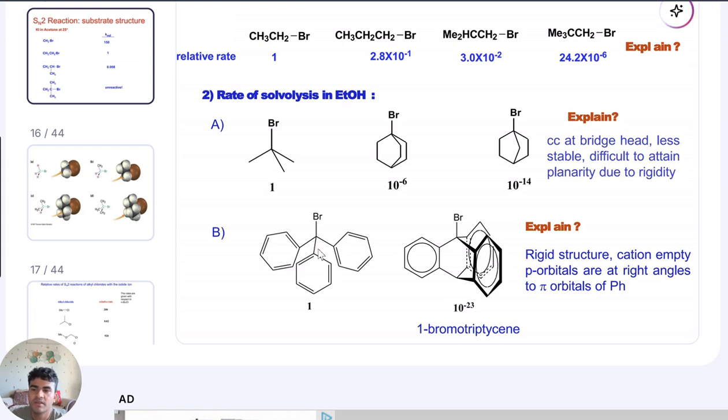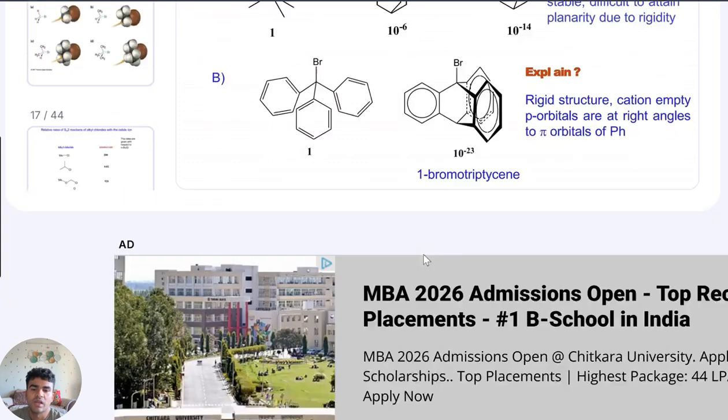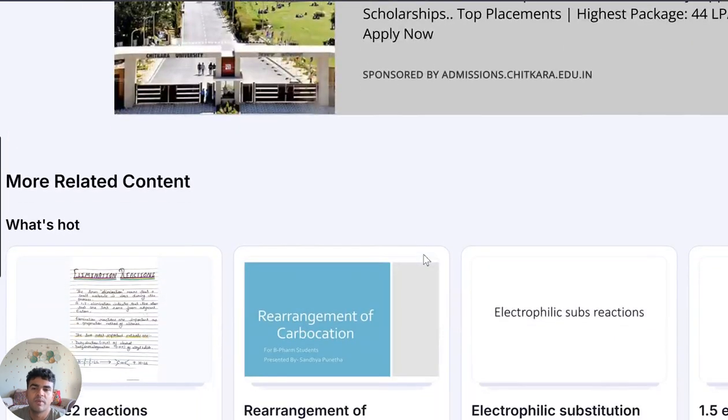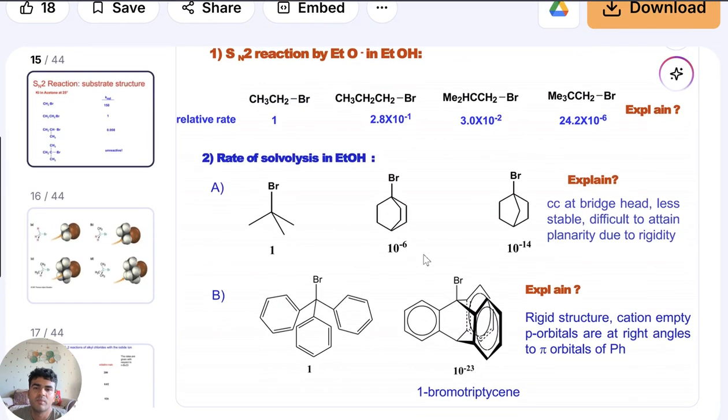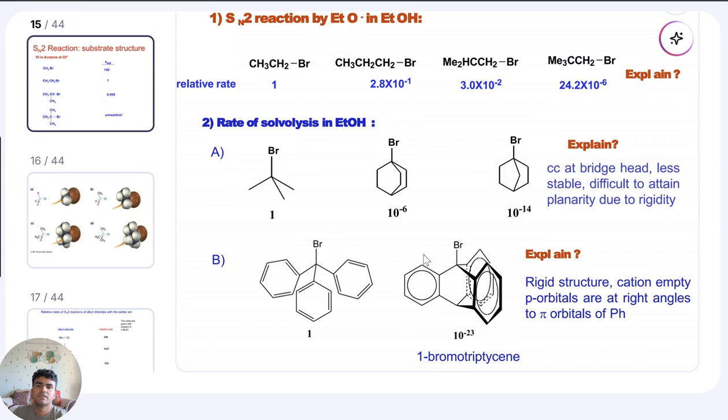Whereas in this compound the planarity cannot be maintained because it is a cage-like, rigid structure, and the p orbital of this carbocation is not parallel to the pi orbital of this benzene ring. It is actually orthogonal, that is perpendicular to each other. So this is the complete SN1 reaction.